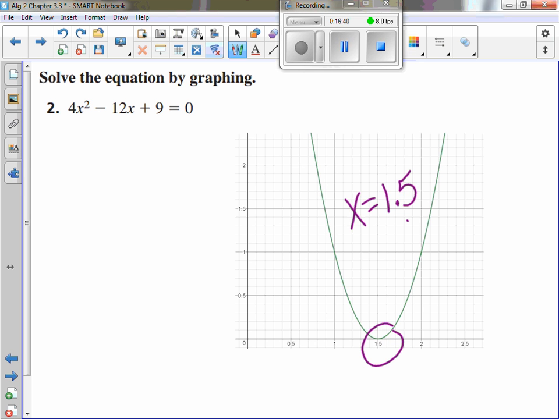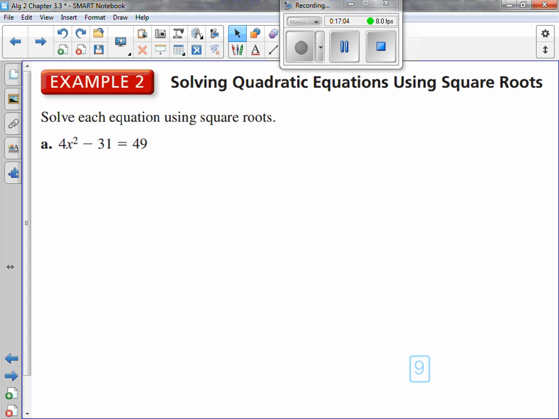So graphing works, but not all the time. As the one we just saw a minute ago with no real solutions, graphing doesn't work. It works some of the time, it doesn't work all the time. So that's the drawback with graphing. Also, factoring does not work all the time. It only works some of the time.